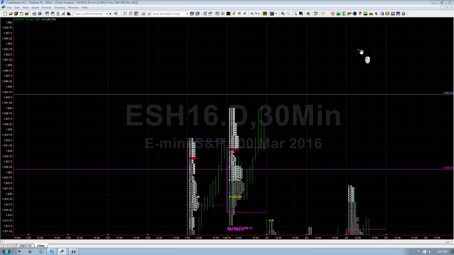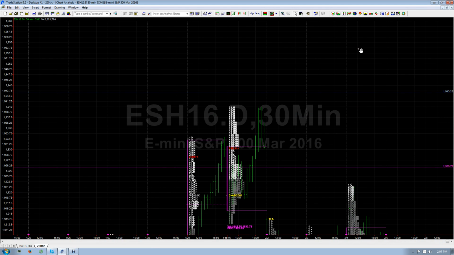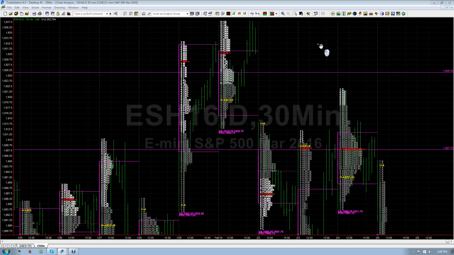The reason I mark up my charts that way is because that's how the market works. The market moves from balance to imbalance and back into balance. You can see that happens on a daily level and also over many days and weeks.